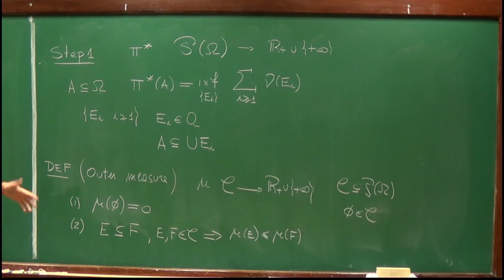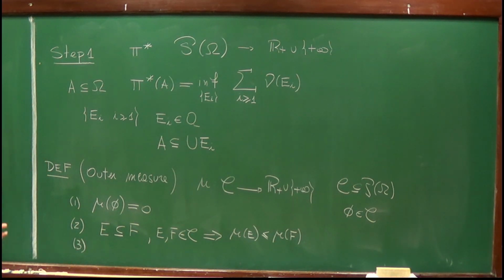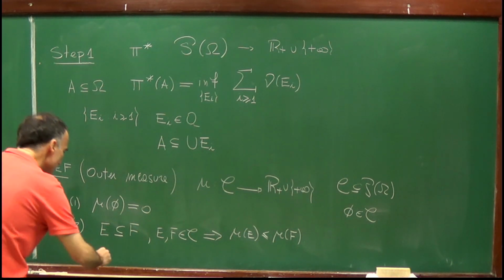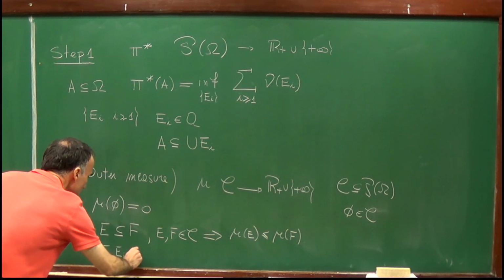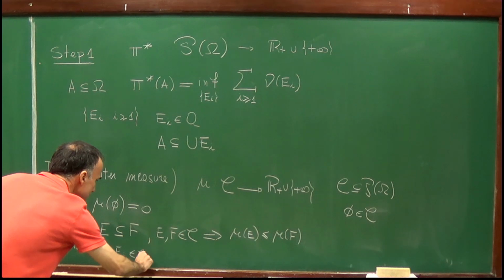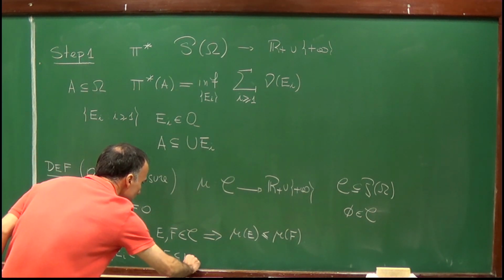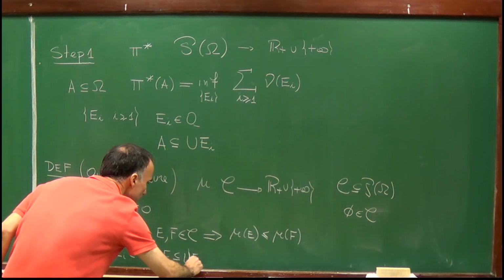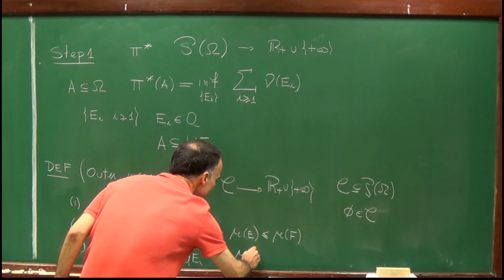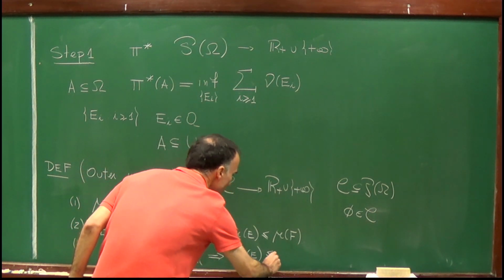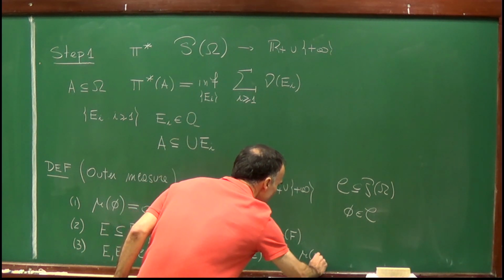And finally, instead of sigma additivity, I will require sigma subadditivity, which means that if I have a set E and sets EI belonging to the class C, and if E is contained in the union of EI, then I will require mu of E to be less than or equal to the sum of mu of EI.